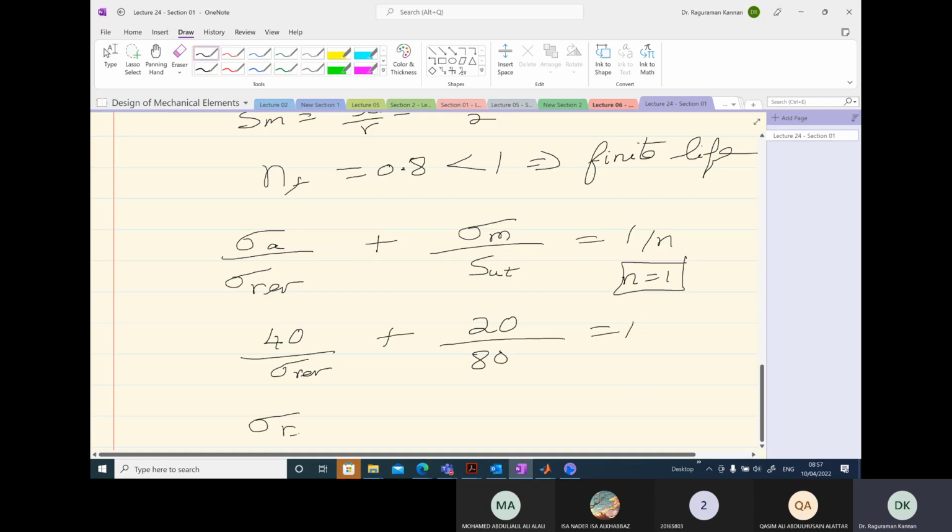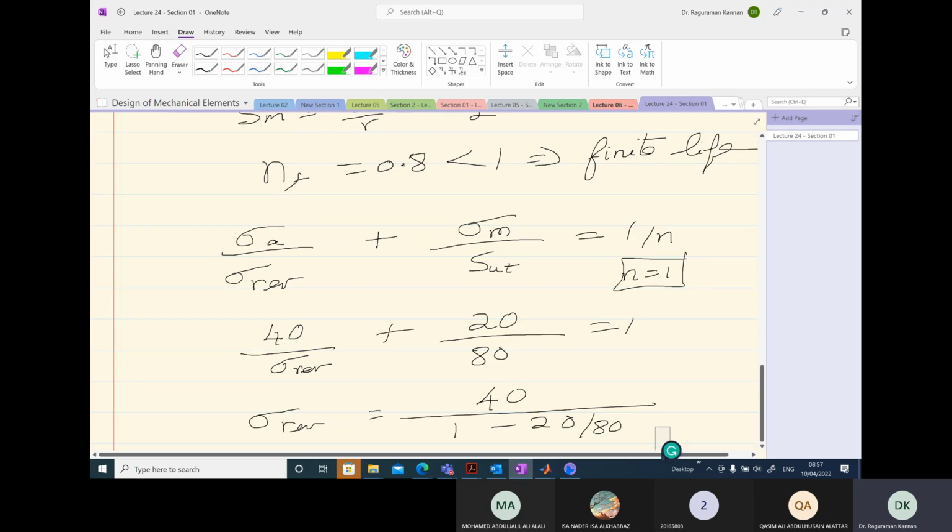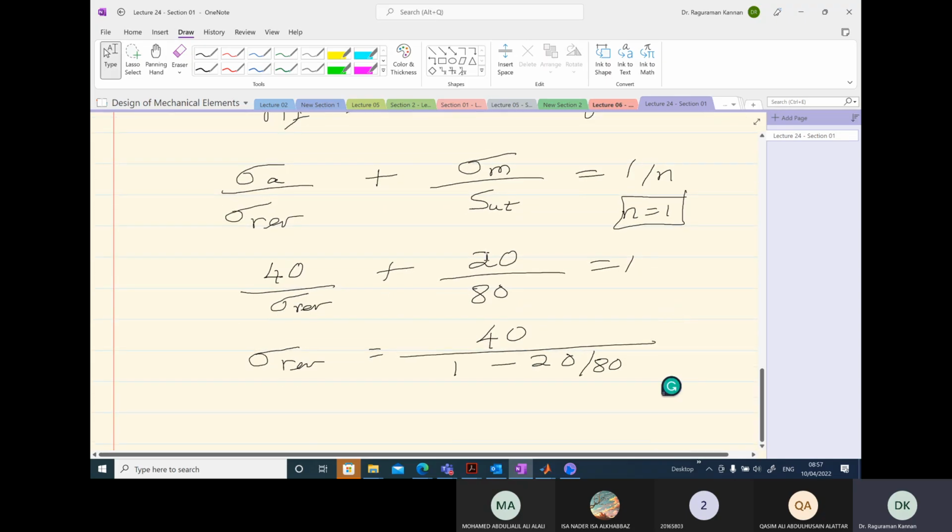So what is sigma reversible? Rewrite the equation. You are going to get 40 over, taking this to the other side, 1 minus 20 over 80. Take this to the other side, bring it to the denominator, take sigma reversible to the numerator on the right hand side, and this is the equation you will get.